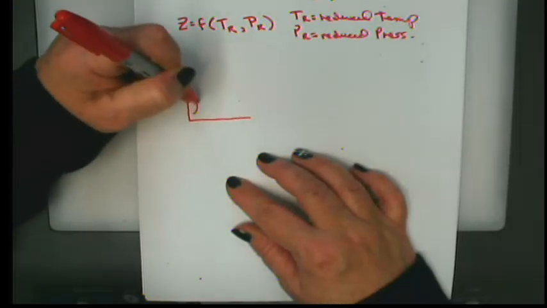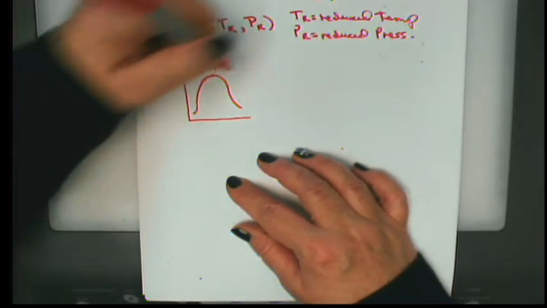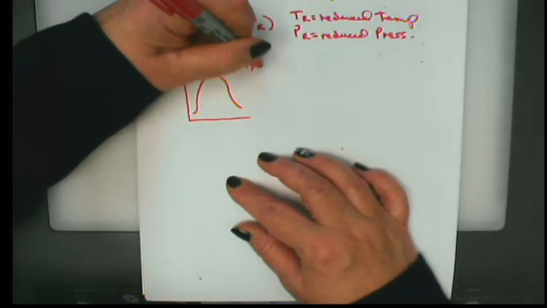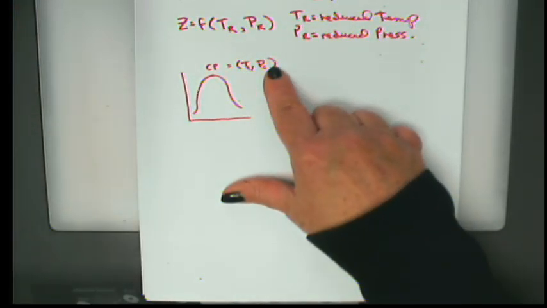So once again, if you have your two-phase envelope and you have the critical point at the top, the critical point is going to be some temperature and some pressure, and those are called critical temperature and critical pressure.